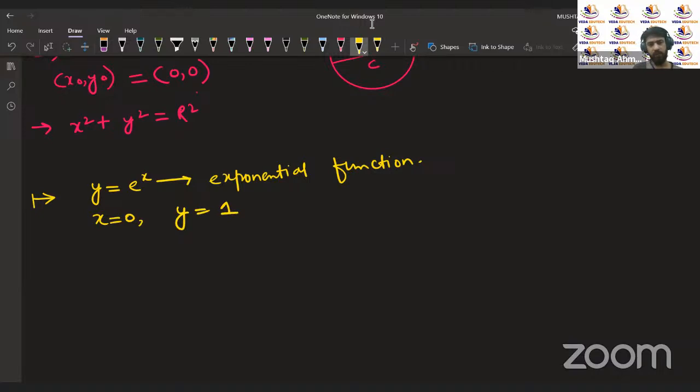And even if x tends to infinity, y will be tending to infinity.